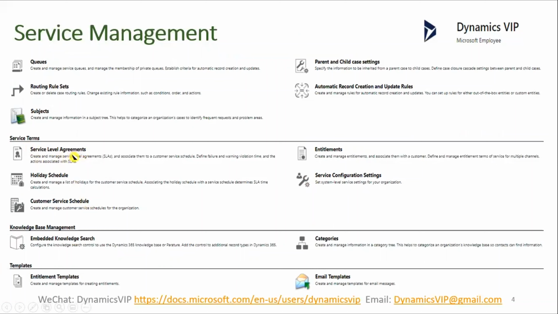SLA is service level agreement. It defines, say, for example, how long we take to respond to the customer, 1 hour or 4 hours. Holiday schedule is set up, say, for holidays, only 24/7 customers get support, but regular customers may not get support.